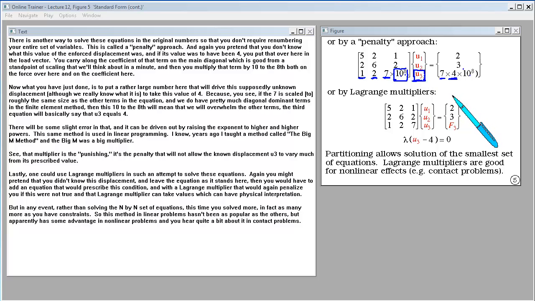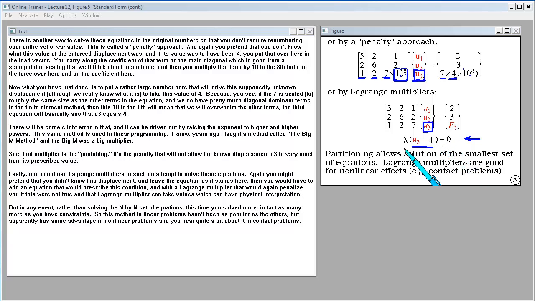Lastly, one could use Lagrange multipliers in such an attempt to solve these equations. Again, you might pretend that you didn't know this displacement and leave the equation as it stands here. Then you would have to add an equation that would prescribe this condition, and with a Lagrange multiplier that would again penalize you if this were not true.